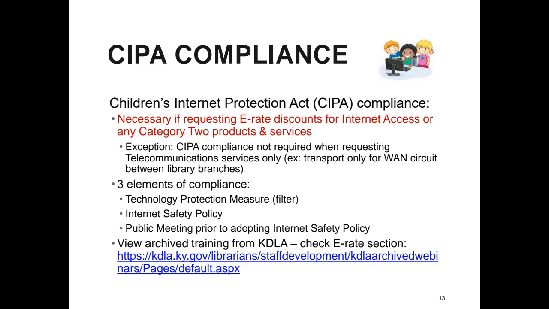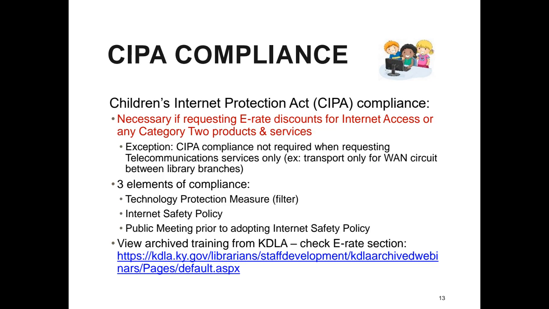You also must have an internet safety or use policy that addresses certain key elements of children's safe use of the internet when they're at the library. And at some point prior to putting that policy in place, you needed to have advertised and held a public hearing. This often occurs during a board meeting.